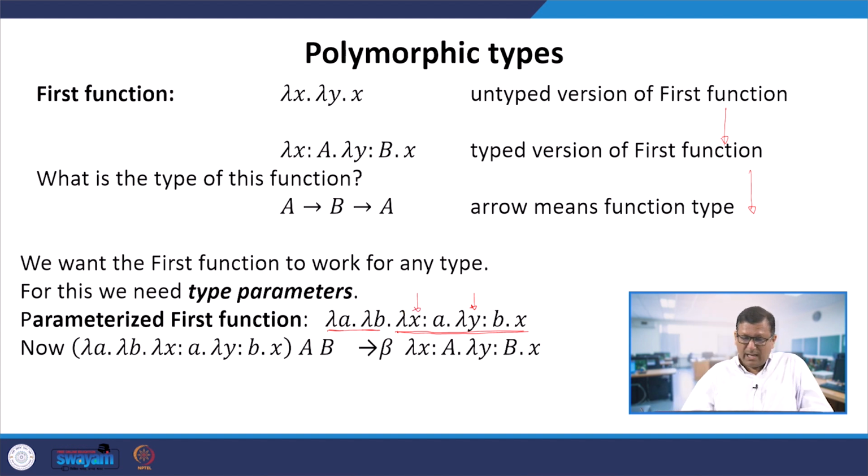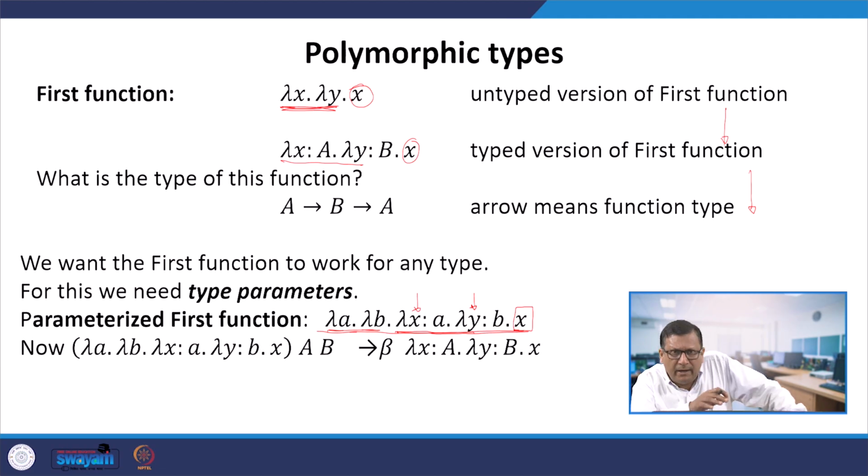Now the interesting thing here is, if we look at this term, how do we distinguish between different kinds of parameters? We have A, B, x, y, so there are four parameters. How do we say this is a type parameter or this is a normal parameter? We have to look into the body of this expression. This is the body. All the things that we are doing, moving from untyped lambda to typed and then introducing this, are annotations. The body has not changed.